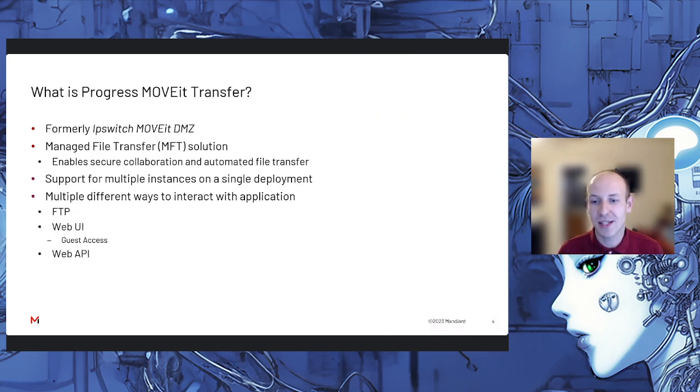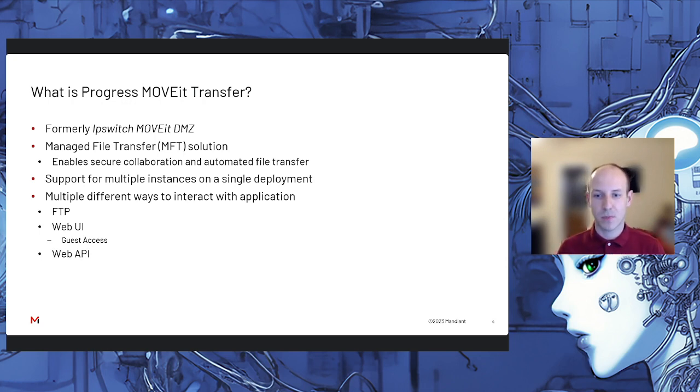So what is Progress MOVEit Transfer? This is a piece of software that was formerly known as Ipswitch MOVEit DMZ, and you would see references to Ipswitch and DMZ in various files and logs that this application would generate. It is a managed file transfer solution, similar to Dropbox, Google Drive, OneNote, but for an enterprise environment.